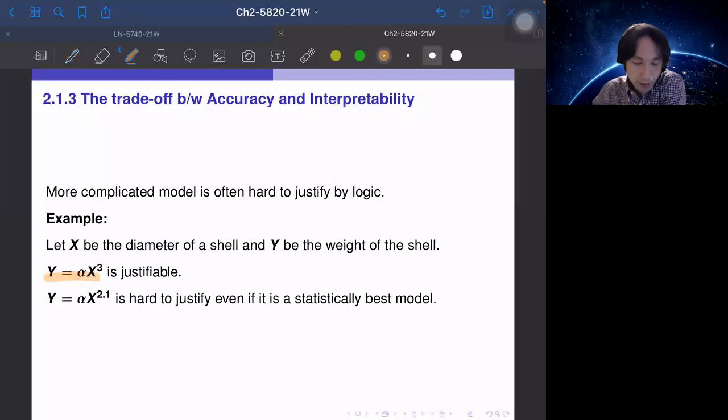One is y equals a constant times x cubed, and the other is y equals alpha times x to the power 2.1. Suppose the second one is better in terms of the MSE, but 2.1 is really hard to justify. The cube is easy to justify because the shell is a 3-dimensional object.